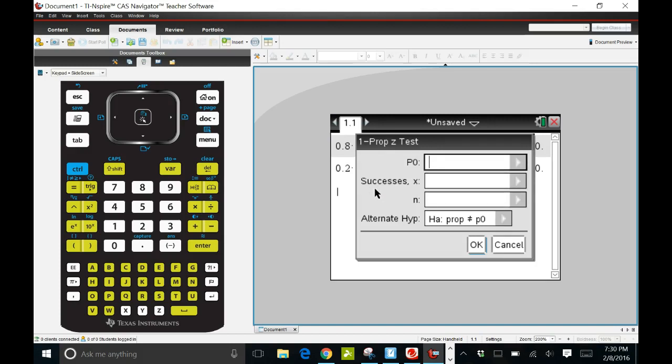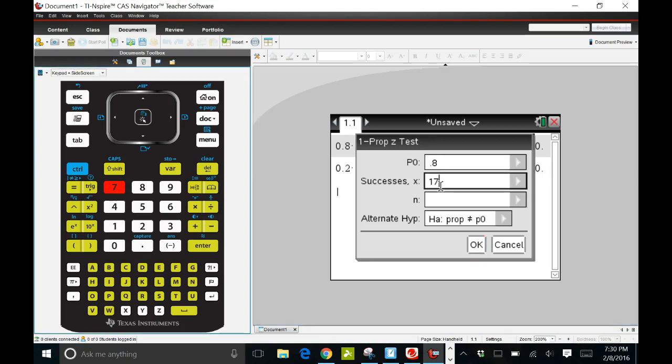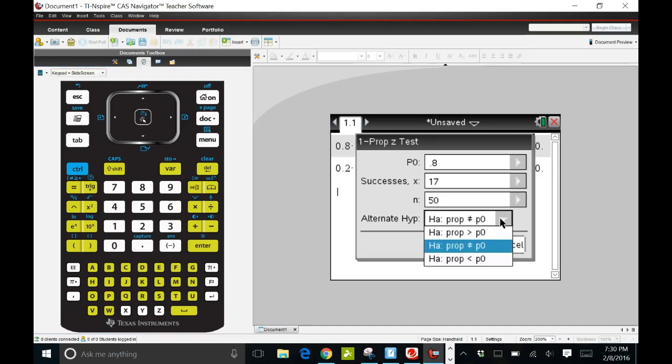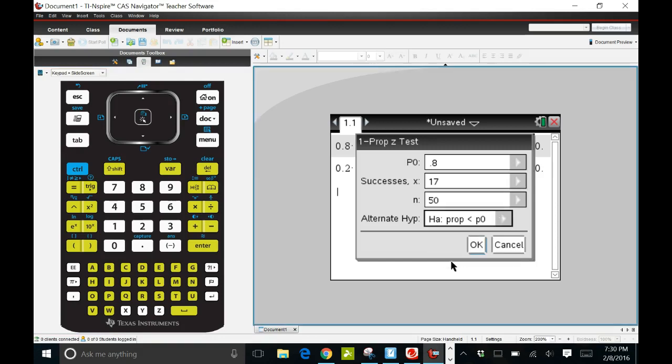P sub 0 means what did we assume was true in the null, which was 0.8. The number of successes was that Jordan got 17 out of 50. And the alternative, what we're trying to prove, is that he's really less than.